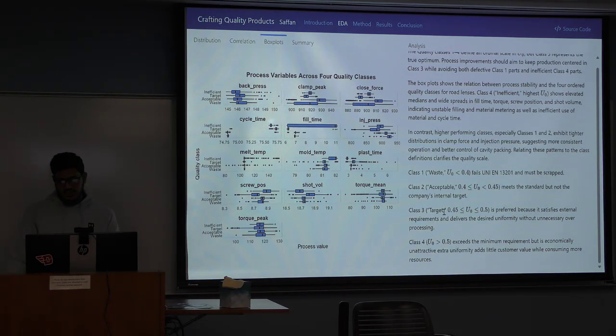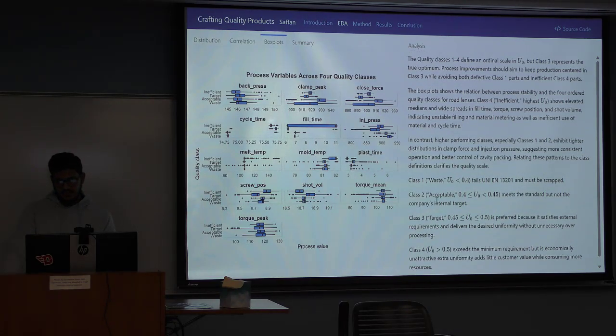This data was collected by a company in Spain, and they showed over different spans of time how the different variables affect the injection molding cavity. The quality classes are defined by the defect ratio.